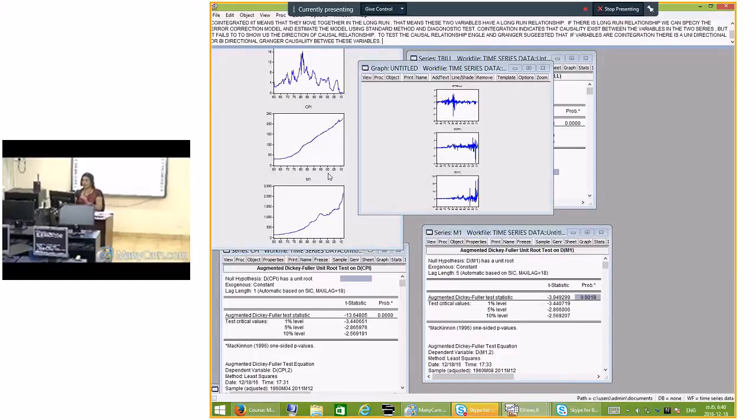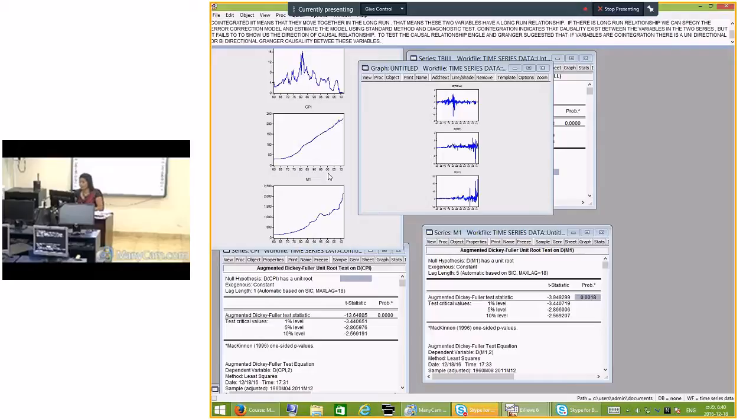If you analyze non-stationary data using normal regression analysis, your results are not realistic. They are nonsense, or you do not get the right sign, showing unrealistic relationships. So that's why we need to convert the data to a stationary process.